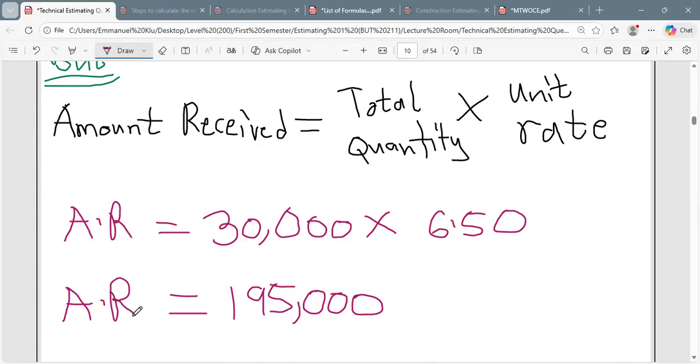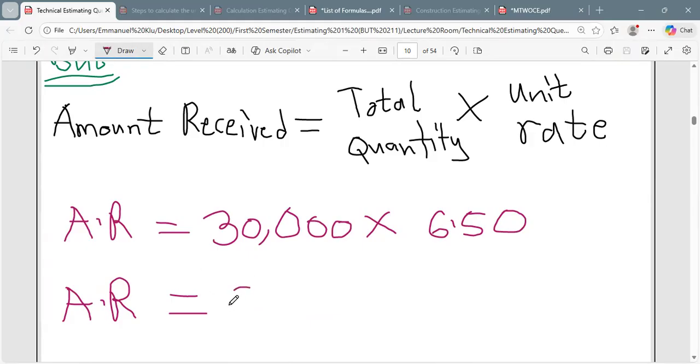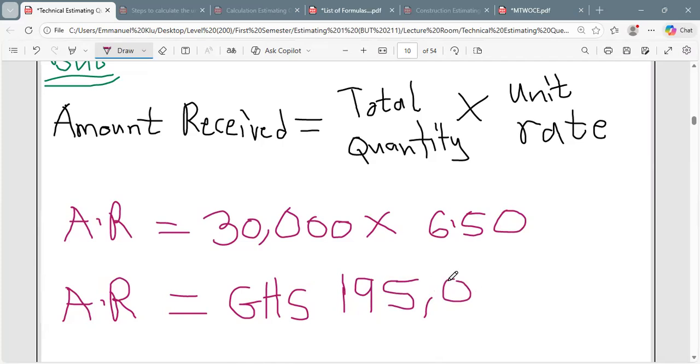So I'm going to clean this and rewrite it well before I use it in my further calculation. So this is it. That is 195,000.